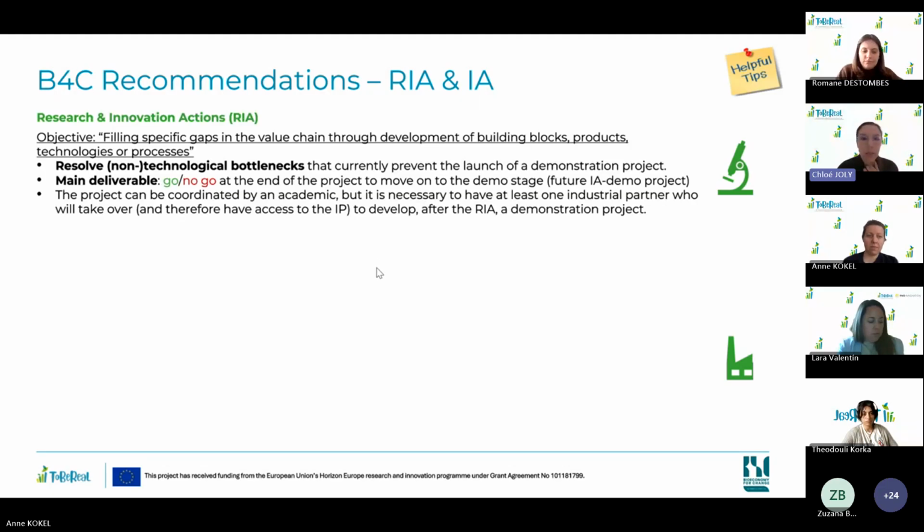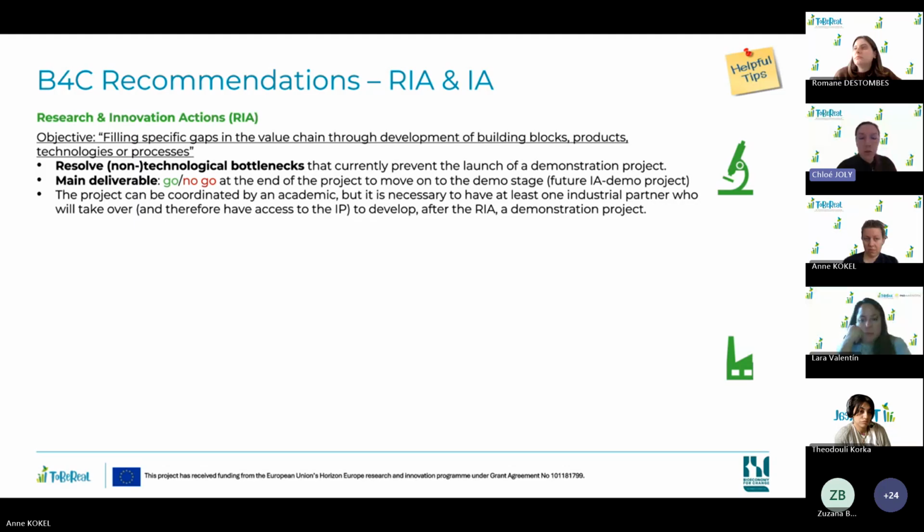So for RIA, research and innovation actions, it's a reminder that this type of project, from TRL 3 to TRL 4-5, has to fill specific gaps in the value chain through the development of building blocks, products, technologies and processes.